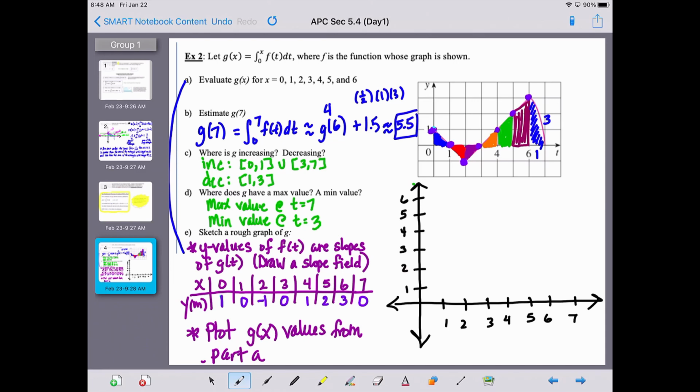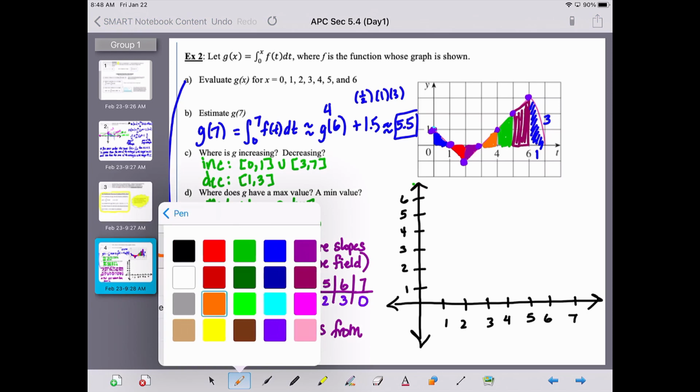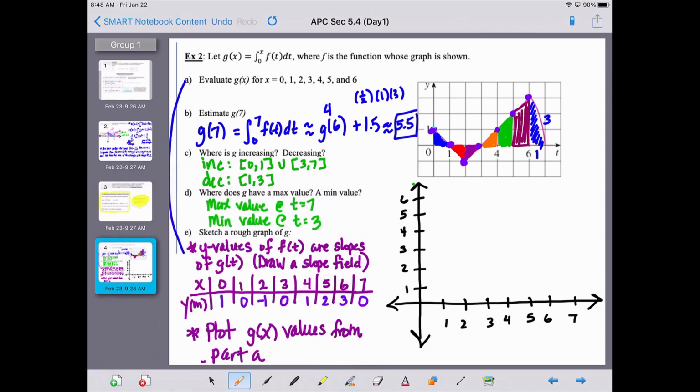Okay, and so the first thing that I'm going to do is draw in that slope field. So when x is 0, I'm going to sketch a vertical line of line segments that have a slope of approximately 1. And again, this isn't perfect, just do your best, okay? And then when x is 1, my slopes are 0, so horizontal. When x is 2, my slopes are -1.